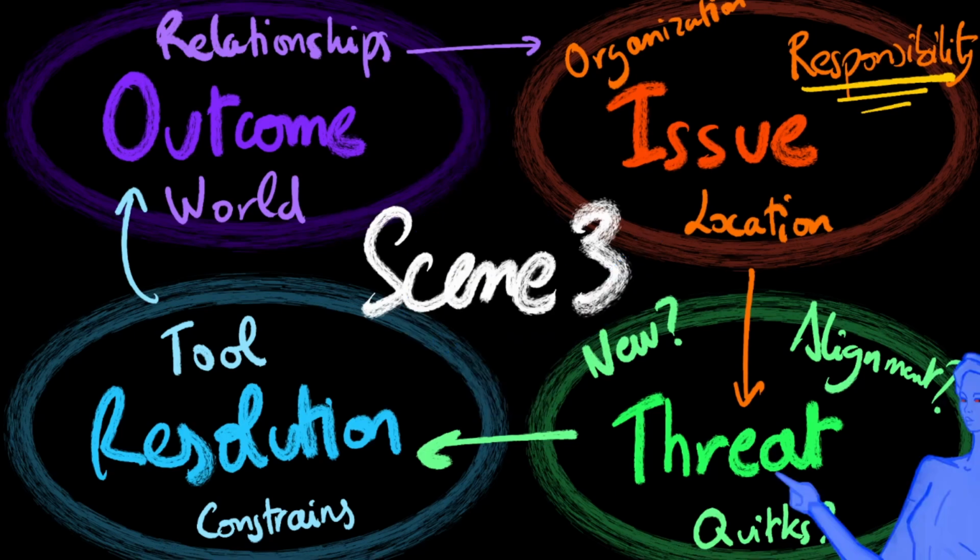Now it's time to present the threat. Is the threat a new character, or is she a returning character? And what are her quirks? You'll present the threat as you present any other character. A quick physical and behavioral description, her color, if you know her color yet, and behavior.